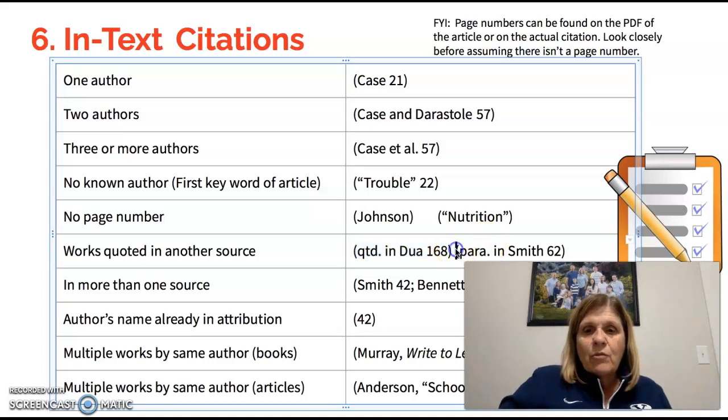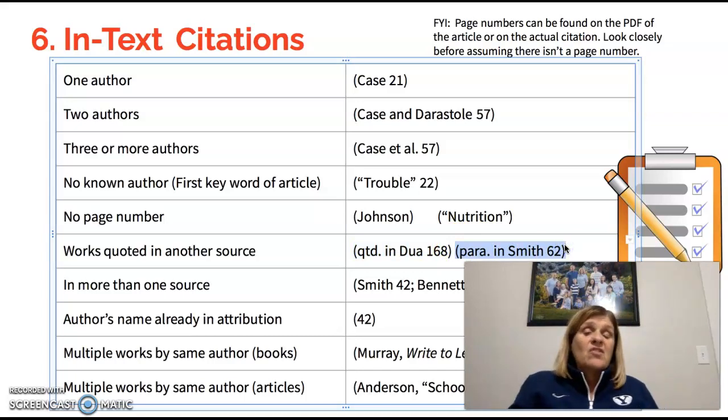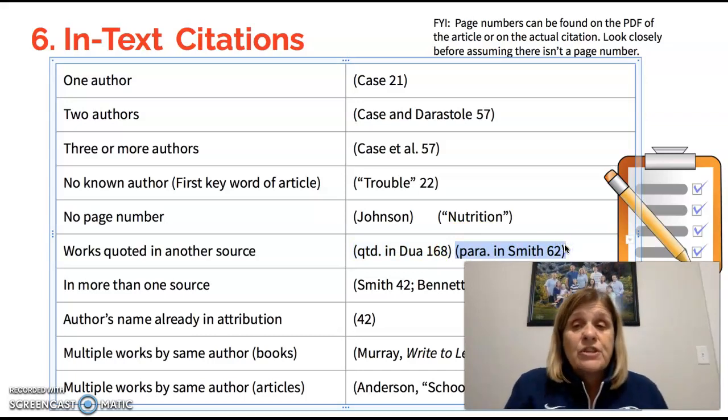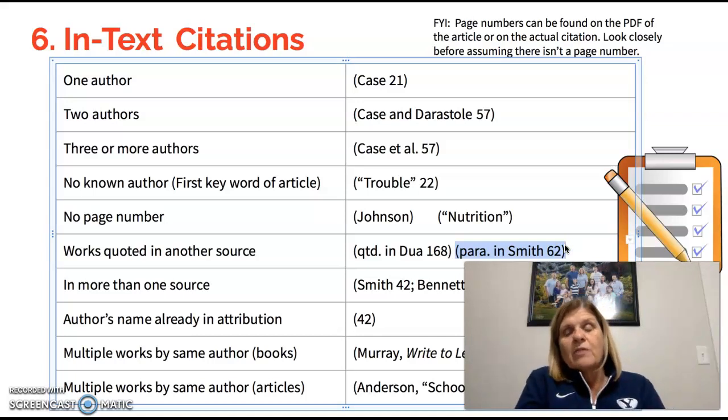The same is true if you've done a study, like you're quoting a study that one of your authors used. So they're borrowing someone else's work, which they have paraphrased. Then if the author of your article didn't quote somebody, you can't use the word quoted. The author of your article said it in their own words.